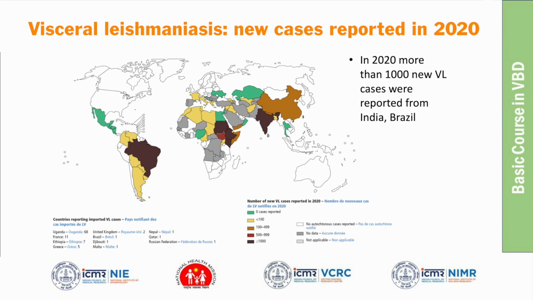Next France, and then Ethiopia and Greece, and so on. Most of the cases are in India and Brazil. When compared to CL, where Brazil and Pakistan contribute more, in VL, Brazil and India are contributing most of the cases in 2020.